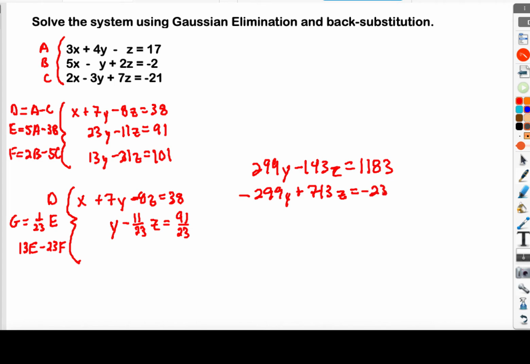Makes sense. We'll add those up. So 713 minus 143 is 570, so we have 570z, and we have 1183 minus 2323, which is negative 1140.